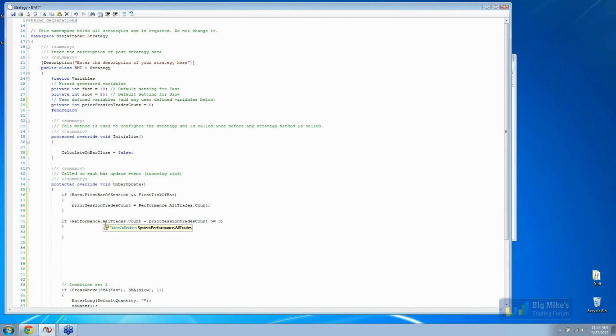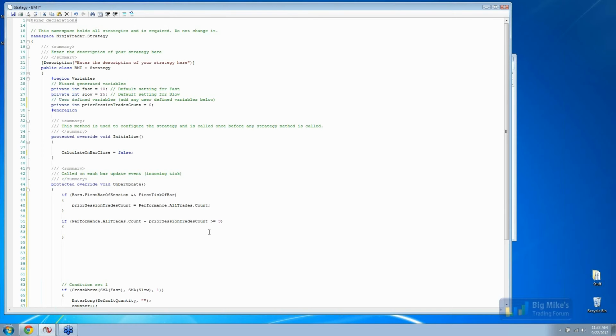But what I'm saying right now is, after we keep trading, our trade count will keep increasing. And when our trade count increases, let's say our prior number of trades was 10. When our current trade count increases to 13, 13 minus 10 is 3, so it equals 3.